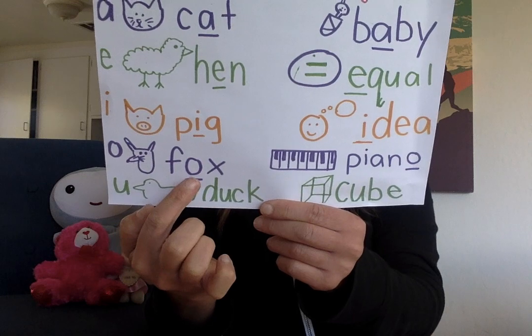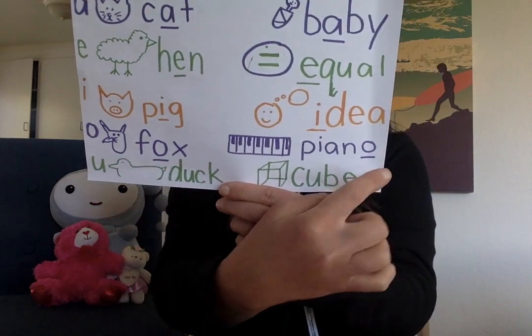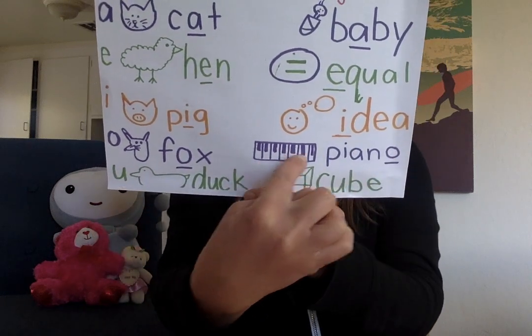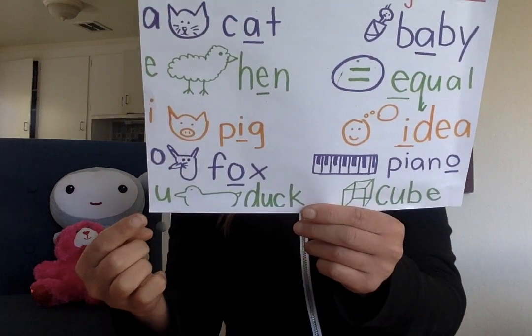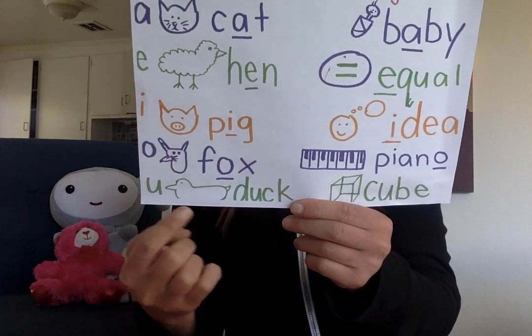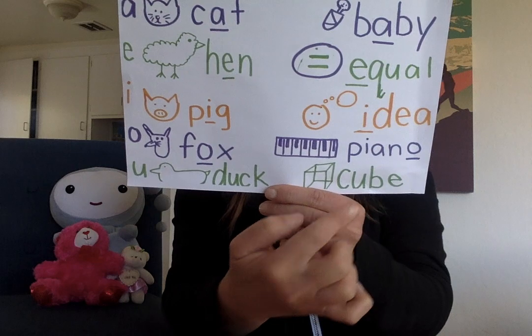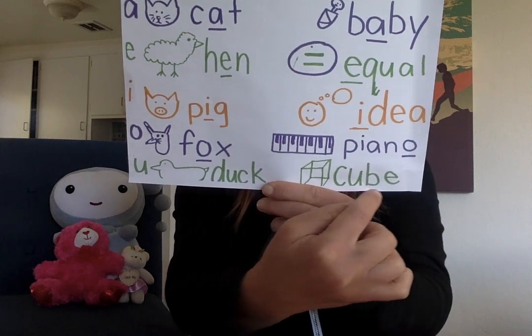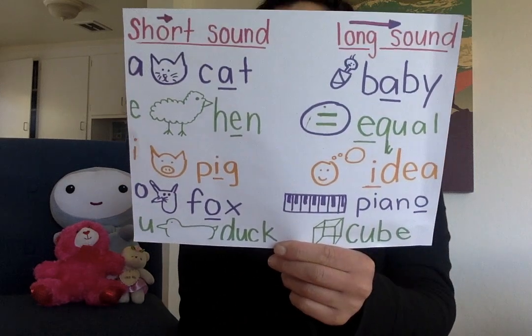O says o, like in fox, and O says O, like in piano. U says u, like in duck, and U, like in cube. They all make two sounds.